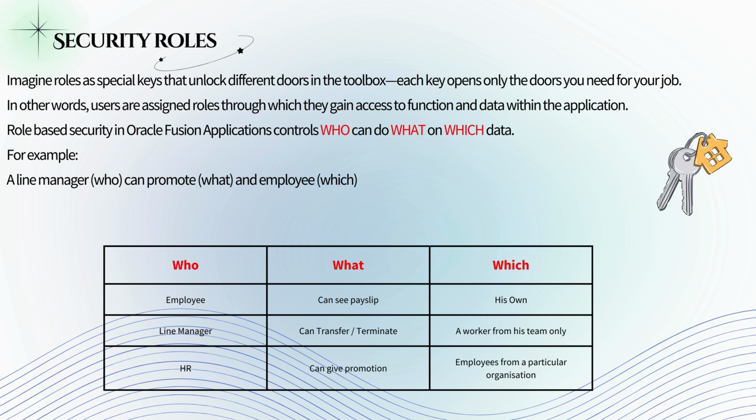A line manager can transfer or terminate a worker from his team only. That becomes your which data, basically, he can have access to. An HR specialist can give a promotion to any employee from a particular organization, let's say.